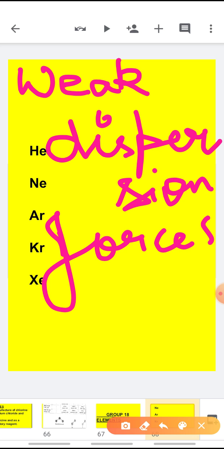So only one type of interaction exists between the molecules of the inert gases, that is the weak dispersion forces.